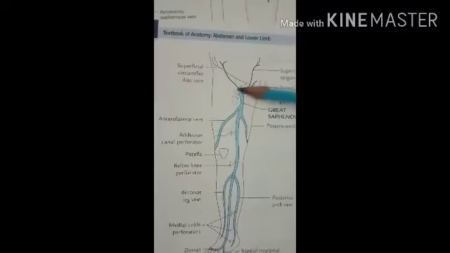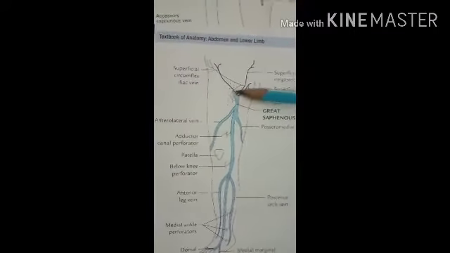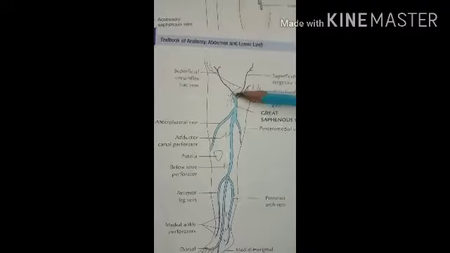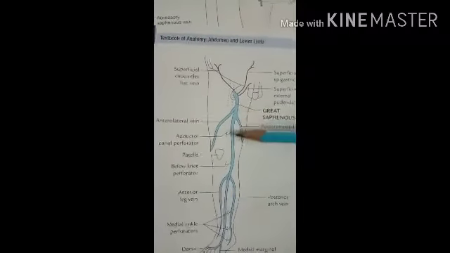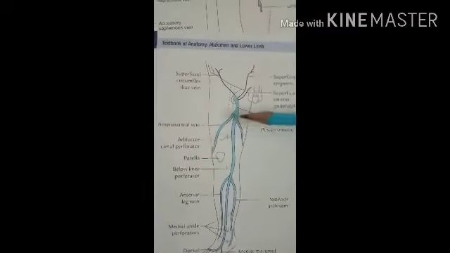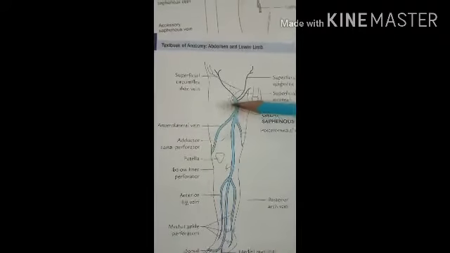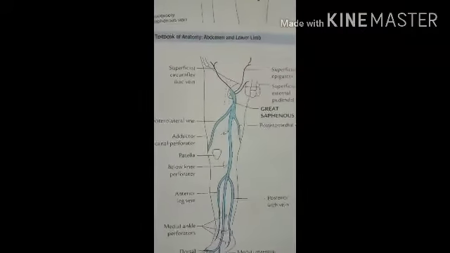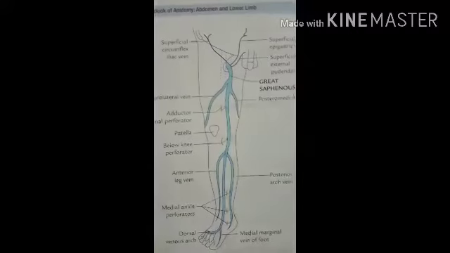So these two veins form the major part to drain the blood from the superficial and the deep venous blood. So that is the great saphenous vein.